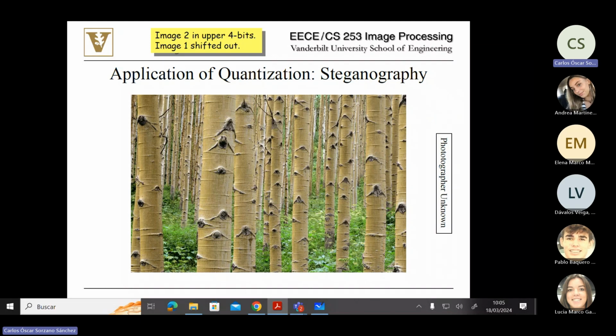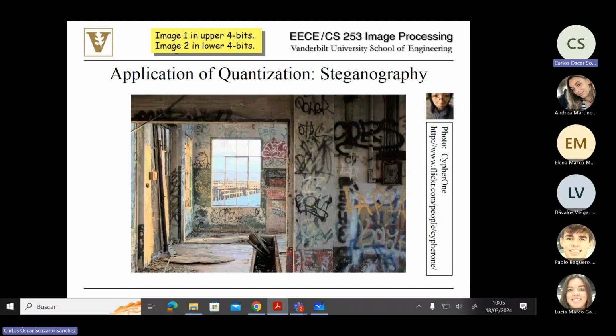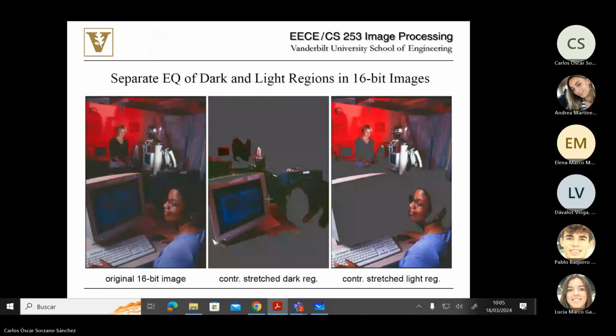So this image here contains the first 4 bits from this one and the last 4 bits from the other one, but you don't see the trees here. So this contains this word and the trees, but you don't see the trees because your eyes are not sensitive to them.